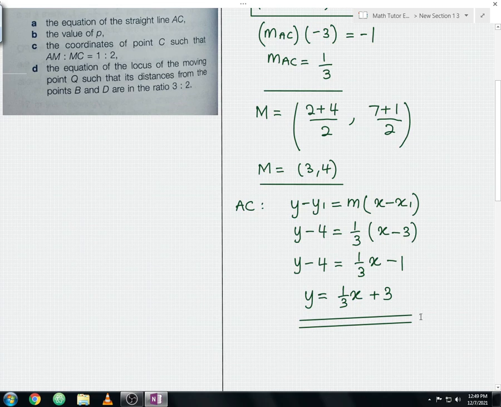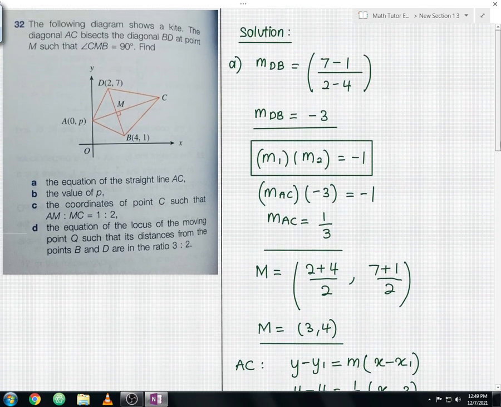Okay, so let us proceed with our discussion for the question part B, where we are required to find the value of P. As you can see here, this value of P is located in the y coordinate of point A, guys.